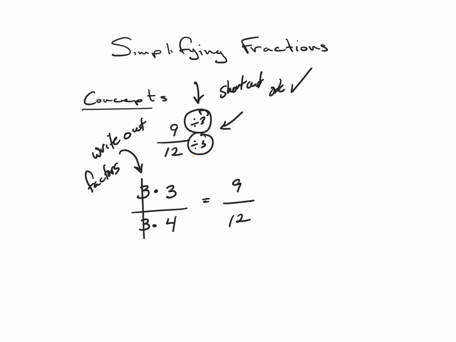So 3 and 3 is a pair. I can cross them out. And then lo and behold, what you have is the reduced answer to 9/12, which is 3/4. So the most important thing here is we are going to use the concepts of factors. All right? So let's get to it and let's go through the problems.